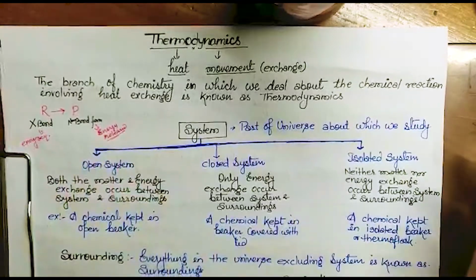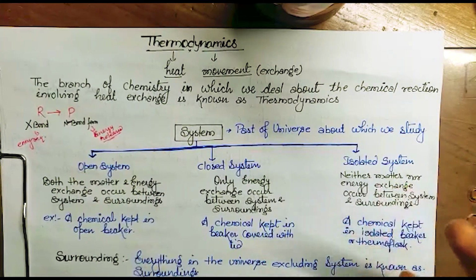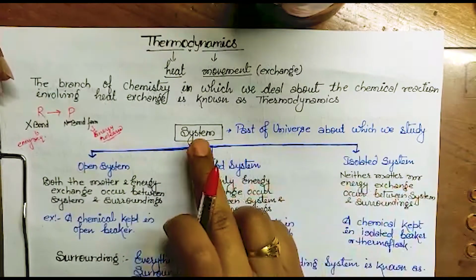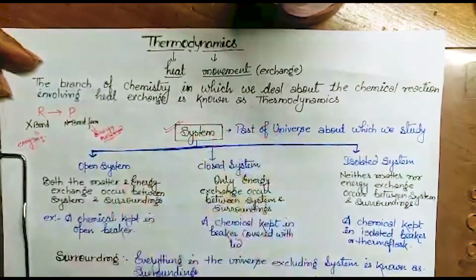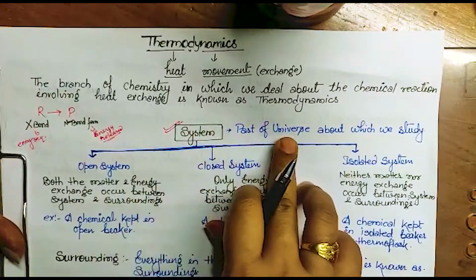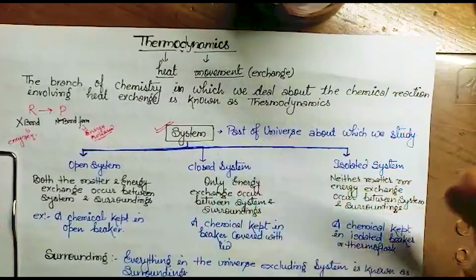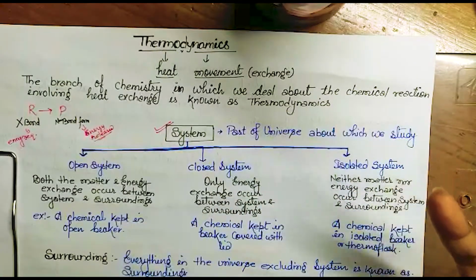Now let me explain the terminology. There are a few words we have to start with. The first terminology is system. The system is a part of the universe about which we study, or about which we are concerned.